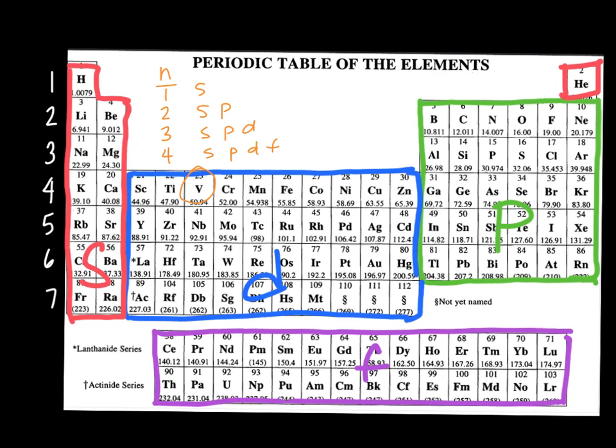Well, we just did calcium, and when we did calcium, we went straight from 3p to 4s. And so we never did anything with d. That's because 3d, in a lot of places, is actually further away from the nucleus, and so it's bigger than the 4s.